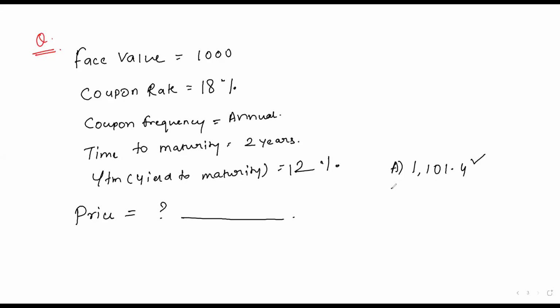But let's wait for other responses. GA, once you are done with this, 18% coupon rate and 12% YTM, try with 20% YTM and give me the answer.